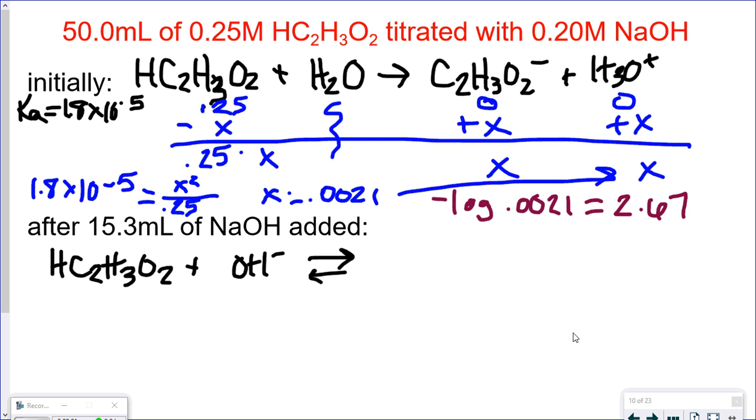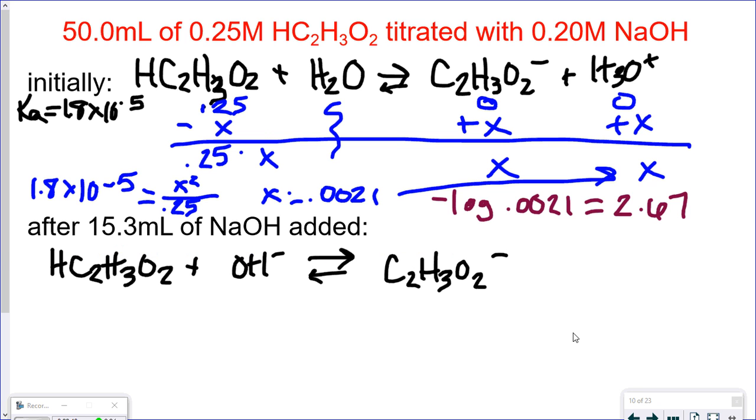and it's producing, remember these are reversible reactions because they're weak, C2H3O2 negative and water.